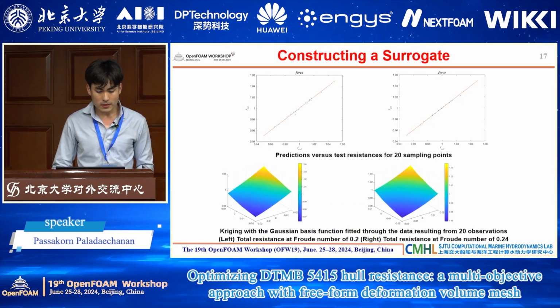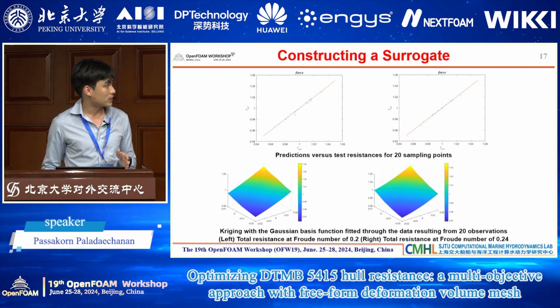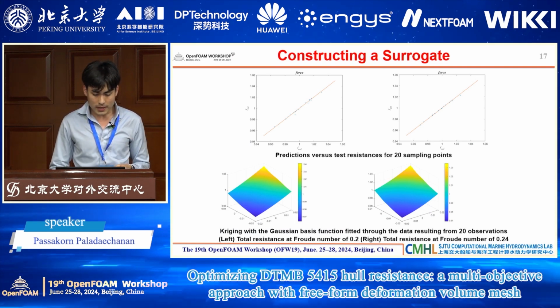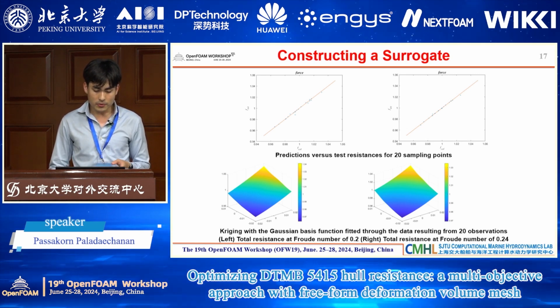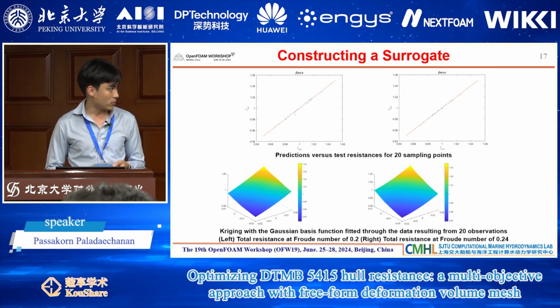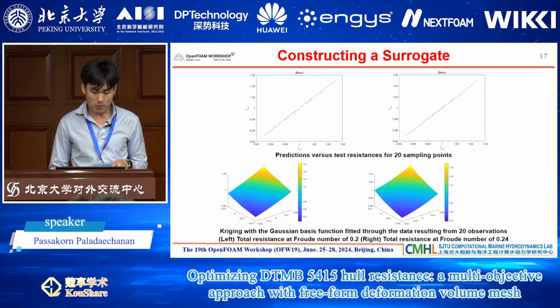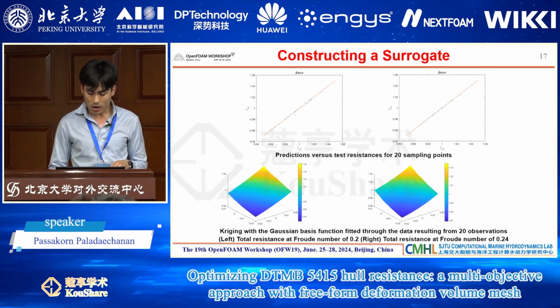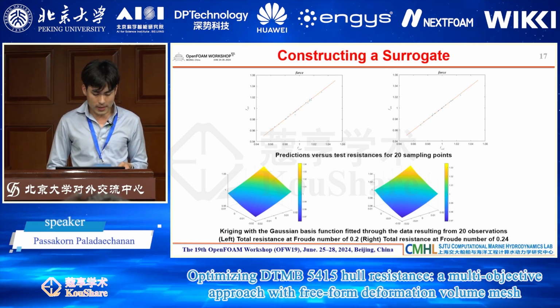After constructing a surrogate model, we can see that 20 sampling points can create a reliable surrogate model. So we use these 20 sample points in order to optimize this hull form.